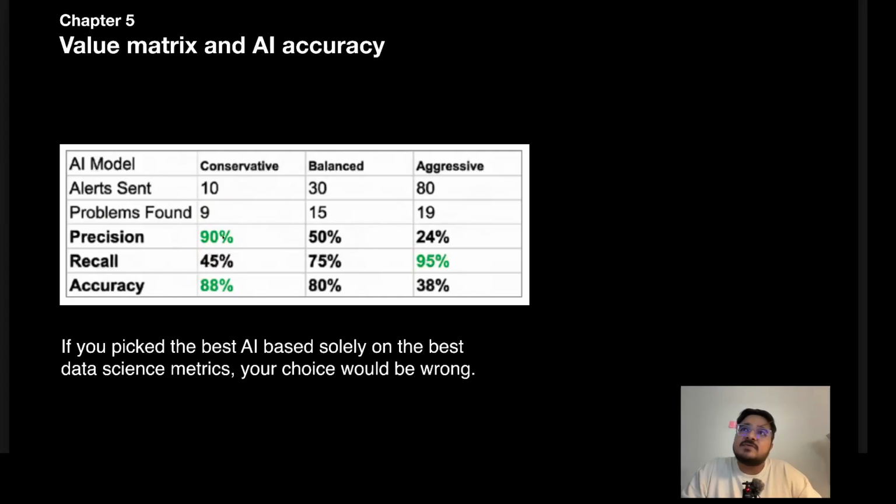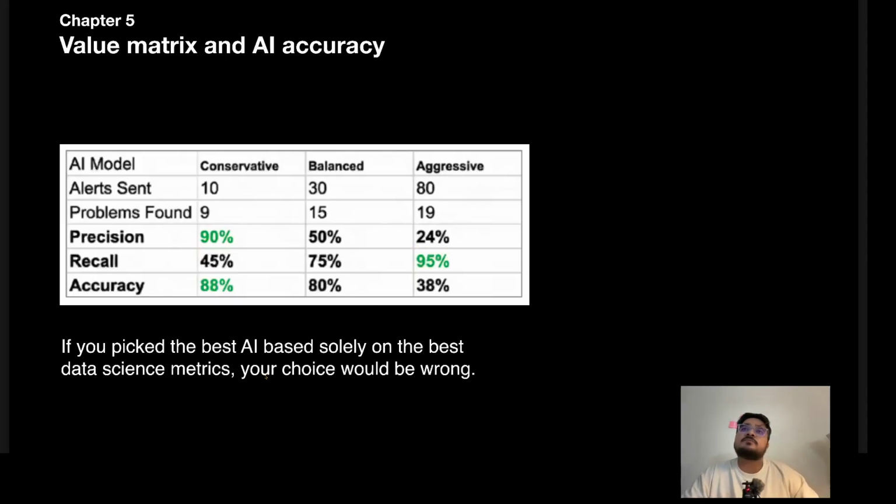So conservative AI has good precision, like 90% precision, and accuracy is also 88%. Whereas the aggressive AI model sends like 80 alerts and there are actually only 19 problems found in that. So the precision of that aggressive AI model is pretty low.